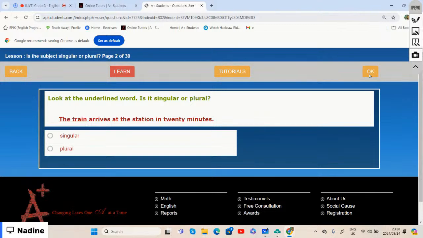The next one says the train arrives at the station in 20 minutes. So the train, is it singular or is it plural?